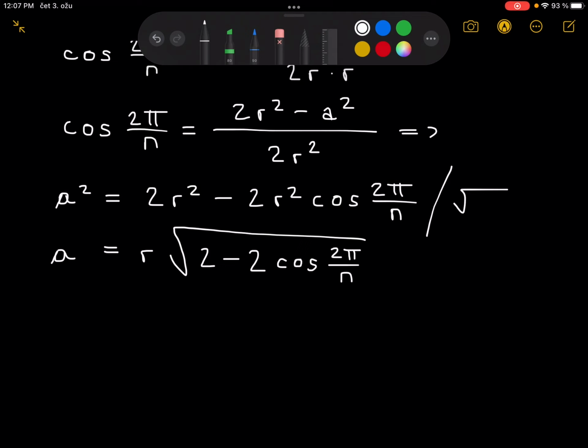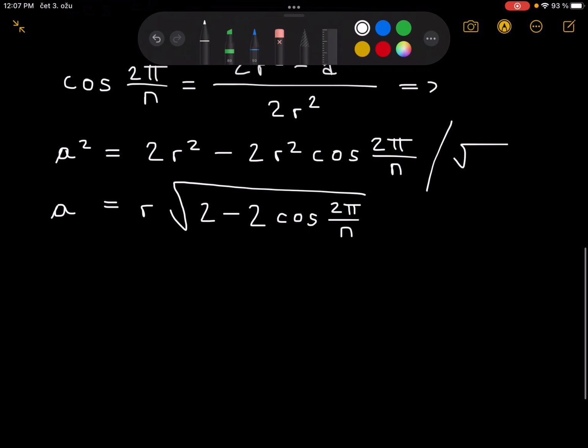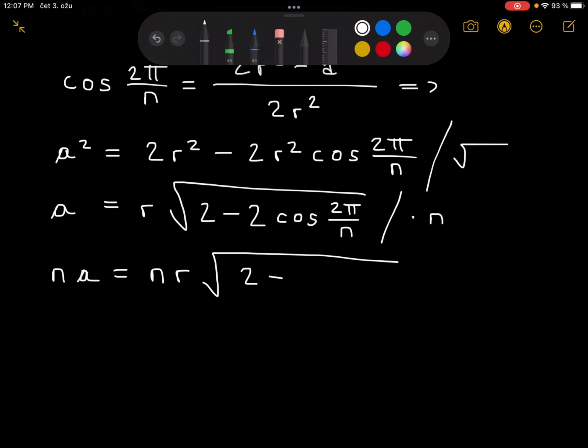So we know what a is in terms of r and n. And since we know that a regular polygon has n same sides, we can just go ahead and multiply everything by n, and we'll get that n a is equal to n r times the square root of 2 minus 2 times cosine of 2 pi over n.